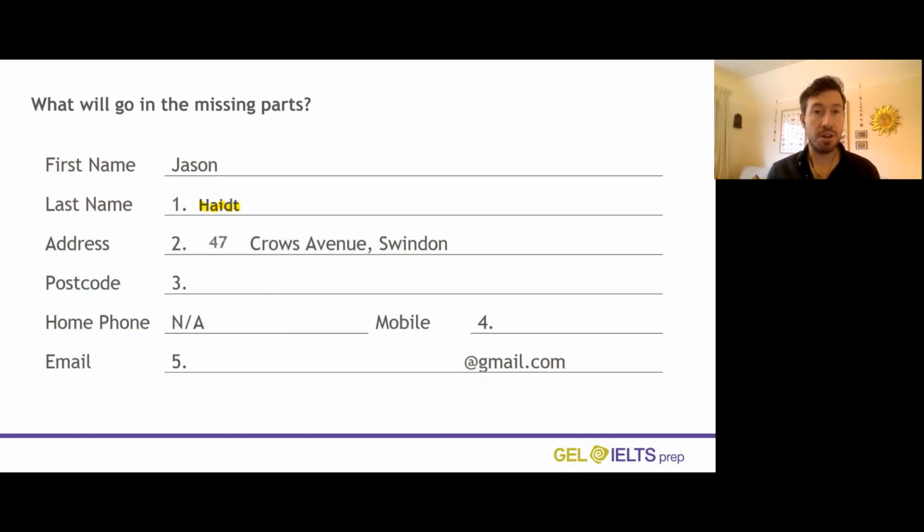His address was 47 Crows Avenue in Swindon, and the postcode was SW139LB, not V. She made a mistake first, and then he corrected her in the listening.